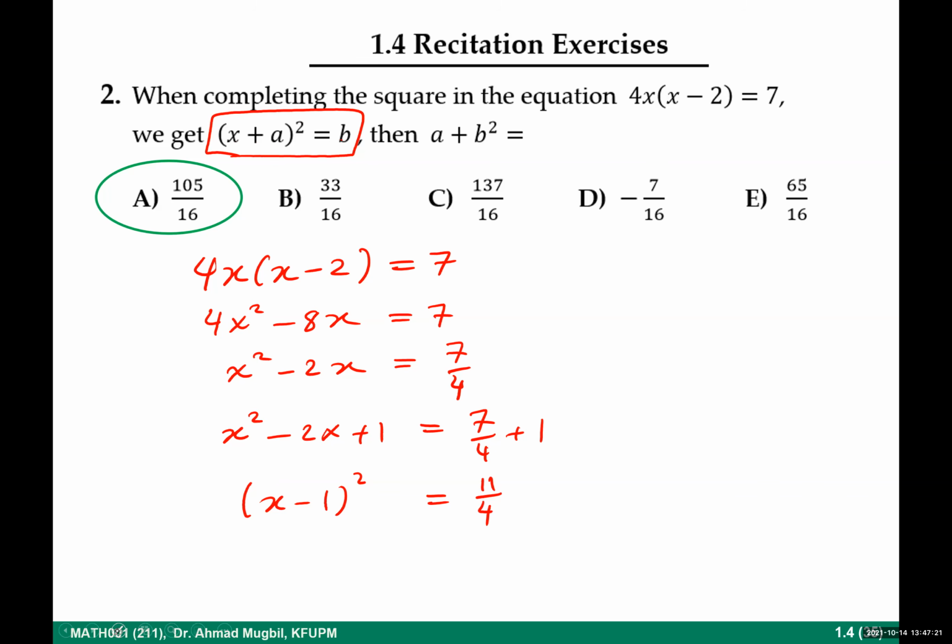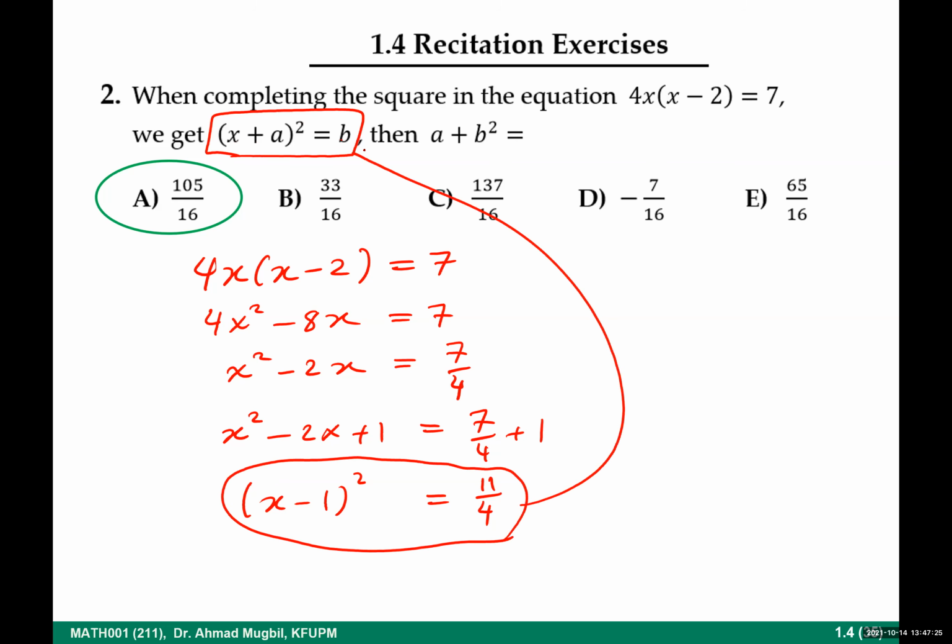So now just compare between this and between this. According to the visual comparison, what you will have here? A is equal, brackets, x, -1 and positive a. So a is what? -1. A is -1. And b is what? 11/4. Now what is it about?